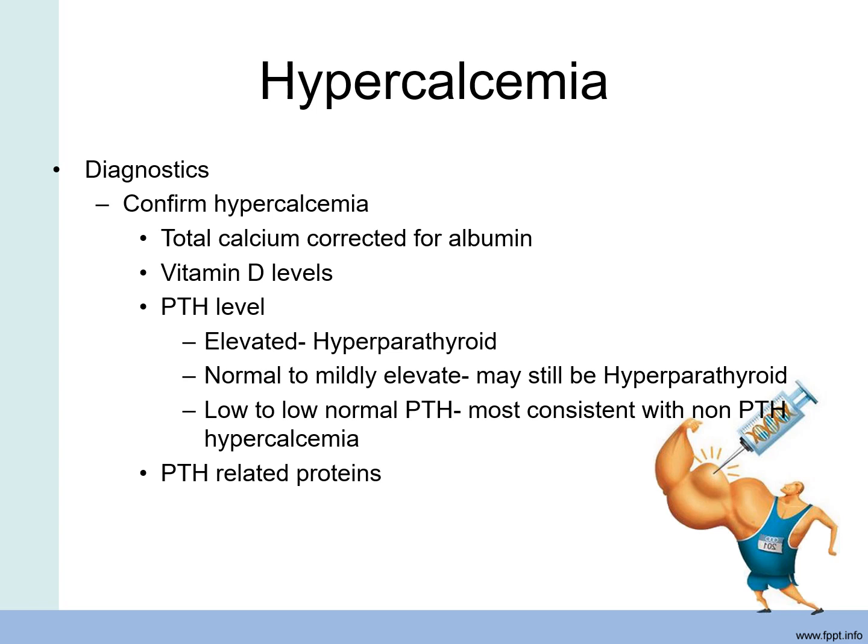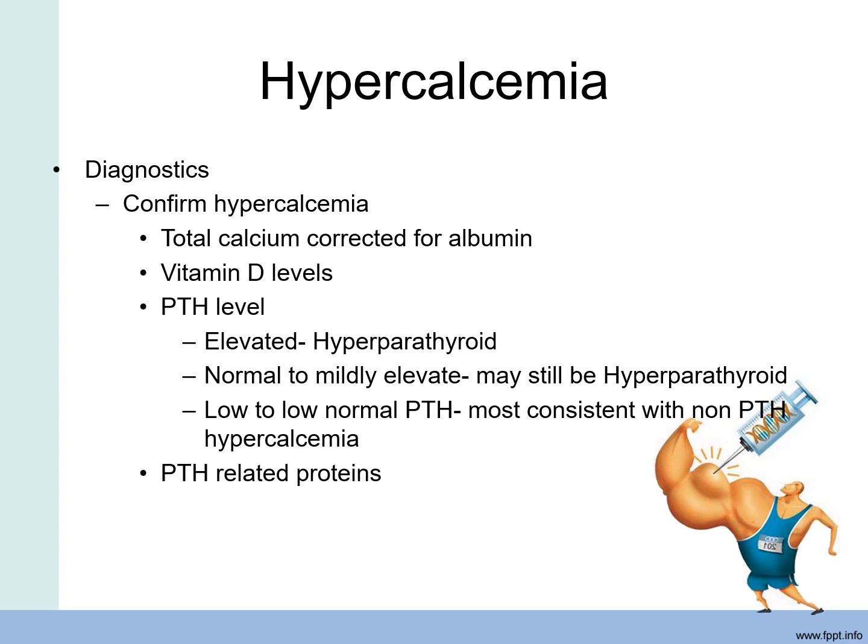40 to 50% of our calcium is bound to protein, which is usually albumin. We should also be checking their vitamin D levels. As we see with malignancy, those vitamin D levels can go down, and check that PTH level. If it is elevated, we're going to be thinking of hyperparathyroidism. If it is low PTH levels, we're going to be thinking that it's more common with a malignancy.